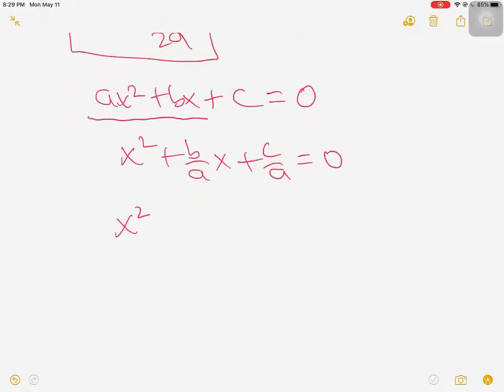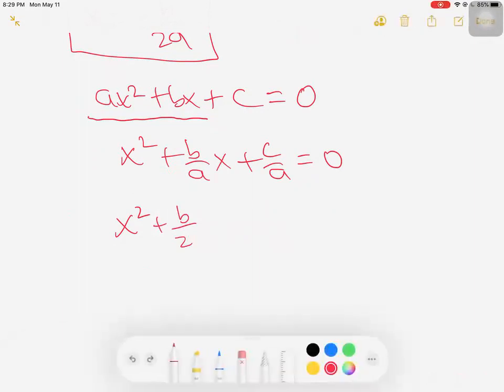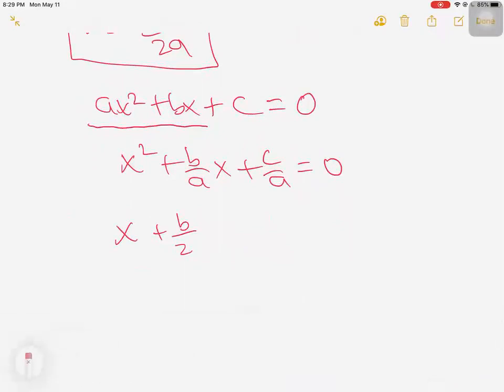I've already done this multiple times, so I'll just skip most of the steps. Wait, there should not be an x. Okay, sorry about that. It should be this squared minus b squared over 4a squared plus c over a.